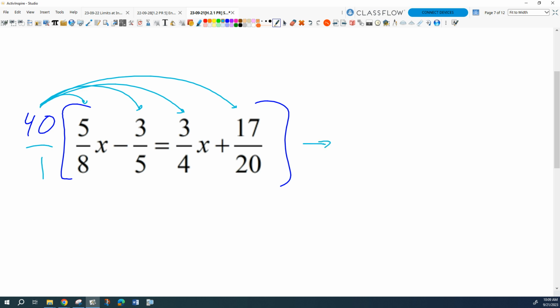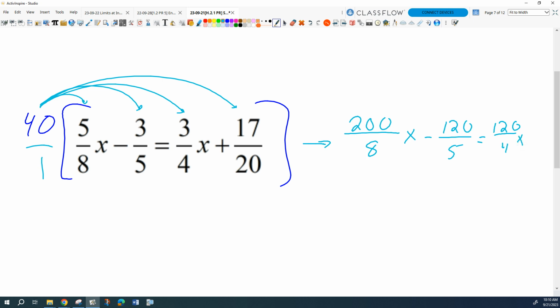Well, 40 times 5 is 200 over 8 times x. 40 times 3 is 120. Again, I get 120 there, don't I? 120 over 4x.